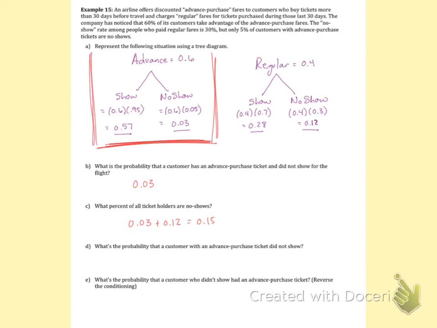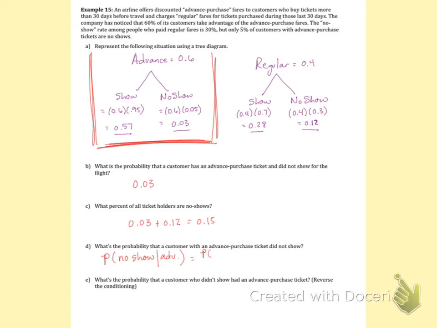So now I have a given problem. So I'm looking for the probability that a customer was a no-show given that they had the advanced ticket purchase. So I'm going to use the formula here.